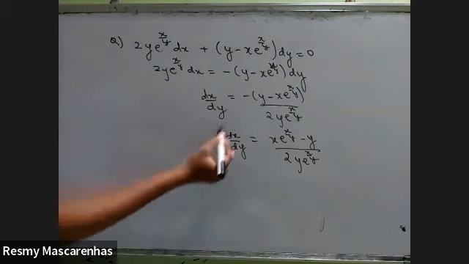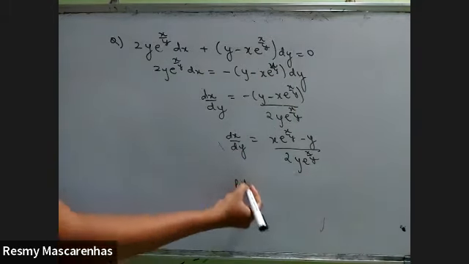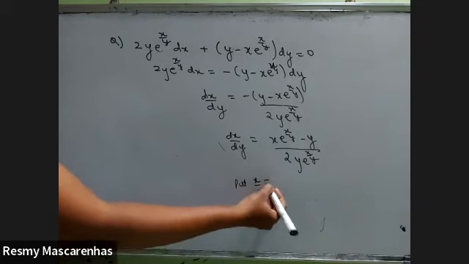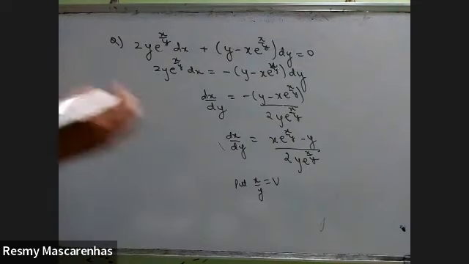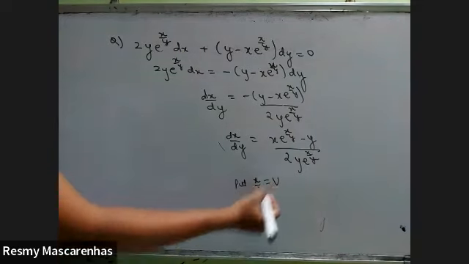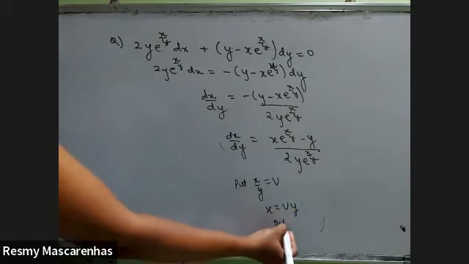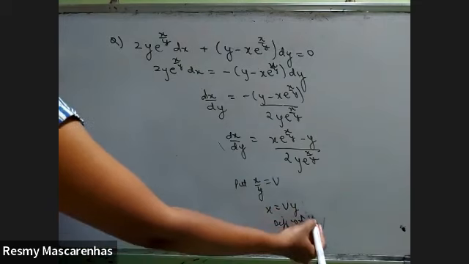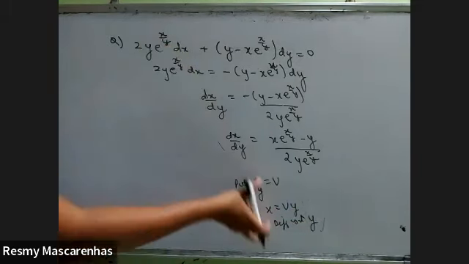So the moment I have dx upon dy on one side, then put x upon y is equals to v. So x upon y is equals to v, so x is equals to vy. Now this is fixed again. Differentiate with respect to y. This you can learn by heart. If x upon y, then these are the fixed steps.